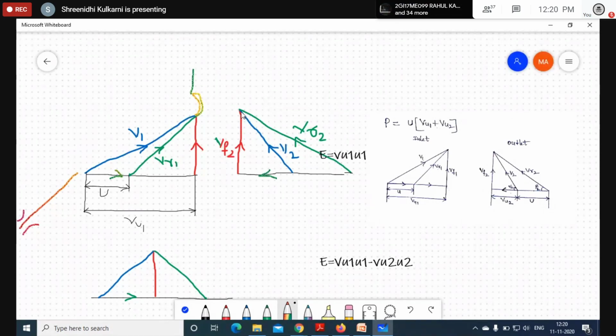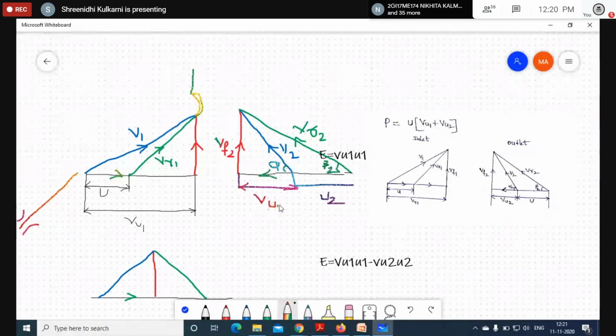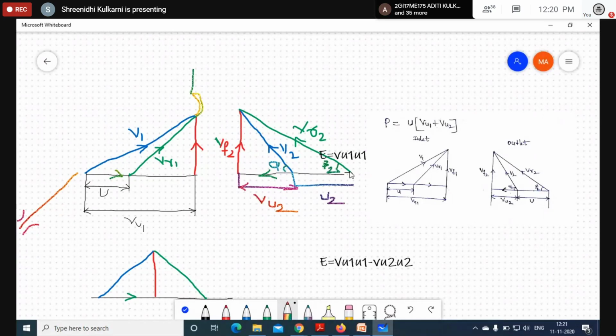Got it? So we will get this beta and this alpha. From alpha to beta we will get U2. From alpha to VF we will get VU2. So VU2 is in which direction? It is in the direction of right to left. Suppose this is the water outlet, in this direction.